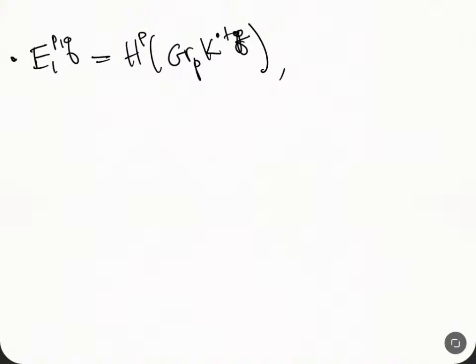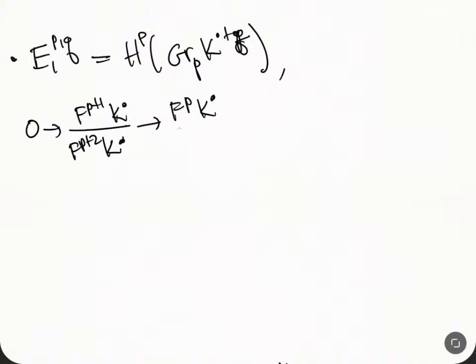So if we have an exact sequence of complexes, let's notice that we do have a certain special exact sequence of complexes: F p plus 1 K bullet, F p plus 2 K bullet, and this goes to F p bullet over F p plus 2 K bullet.